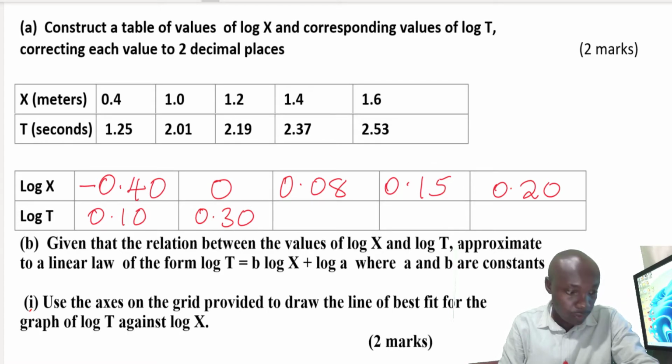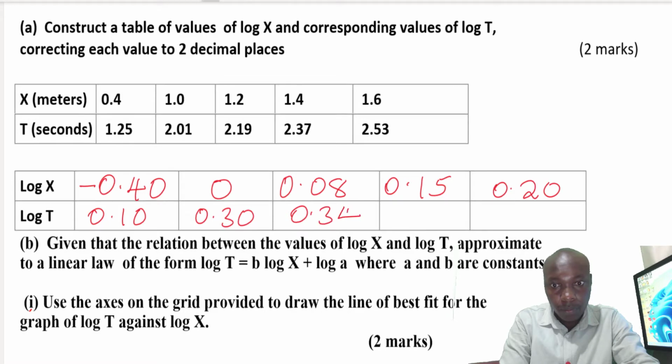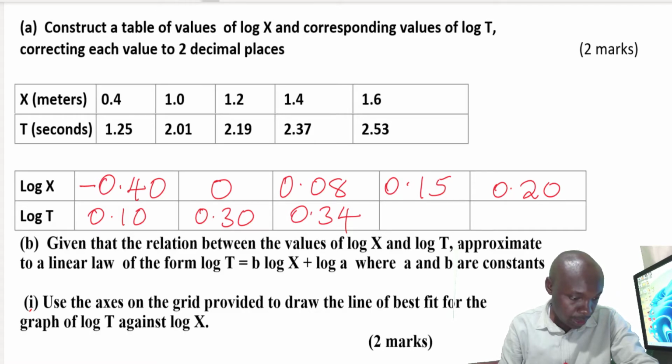Then logarithm of 2.19 is 0.34. The next one is logarithm of 2.37, 0.37.